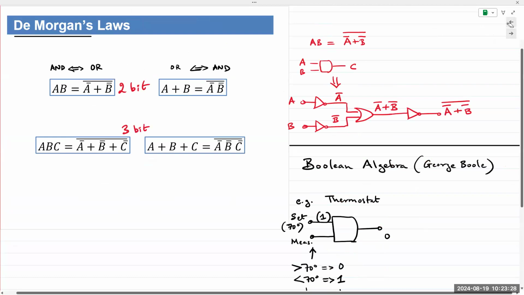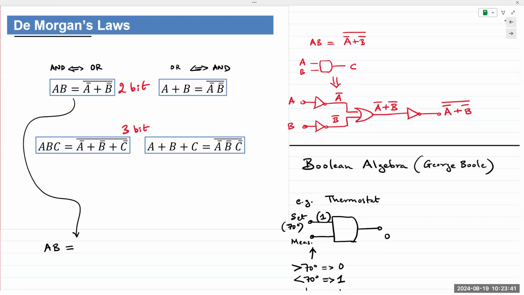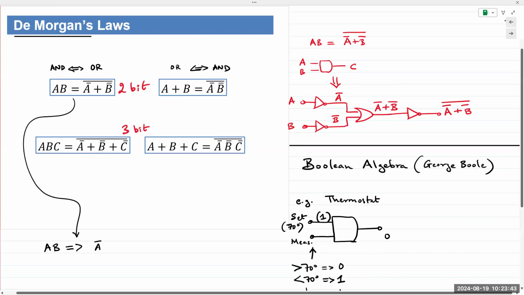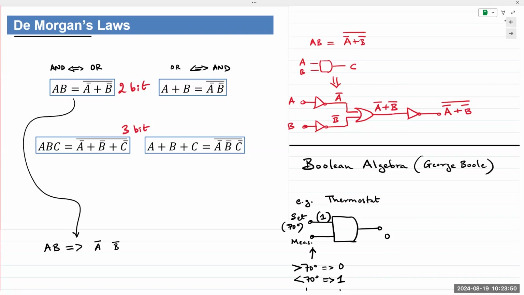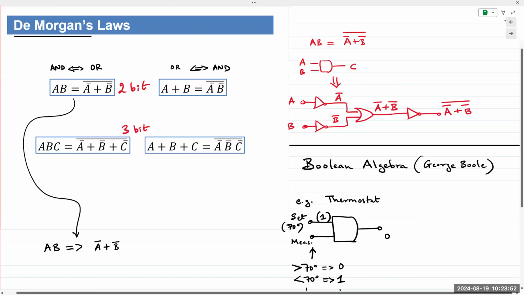So if we wish to go from A and B and implement an OR operation instead of an AND, we would invert both inputs, and perform an OR operation, and then we invert the output. And that's what you have at the top.